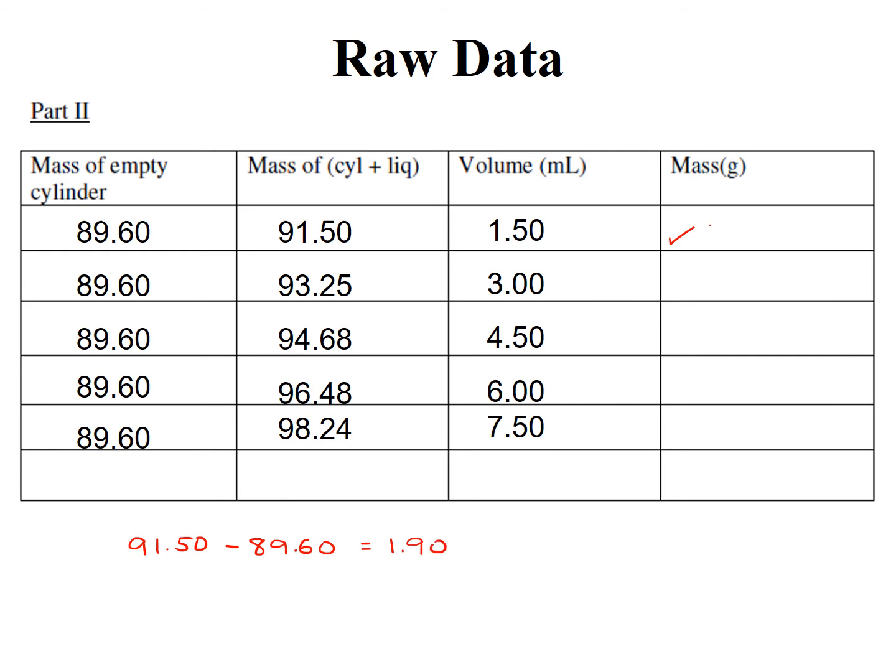So you're going to supply the information that you have here, and then you're going to plot this in terms of volume and mass. Volume is on the x-axis while mass is on the y-axis.